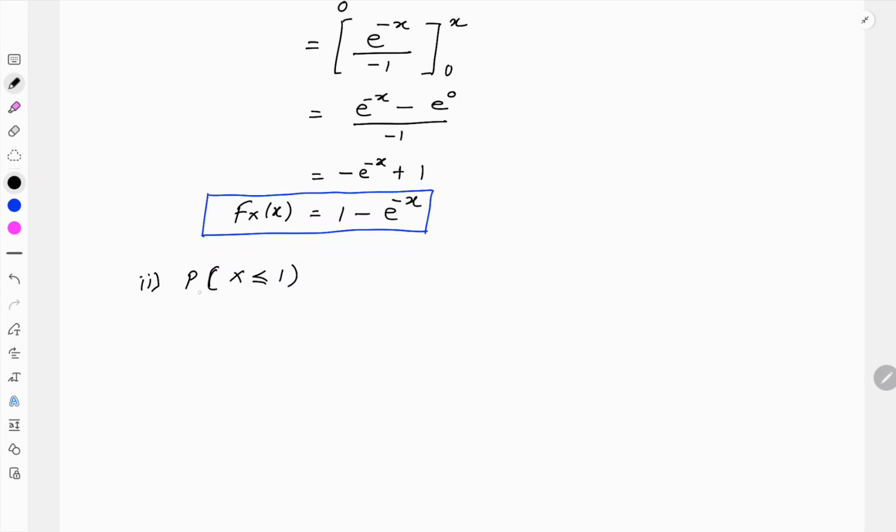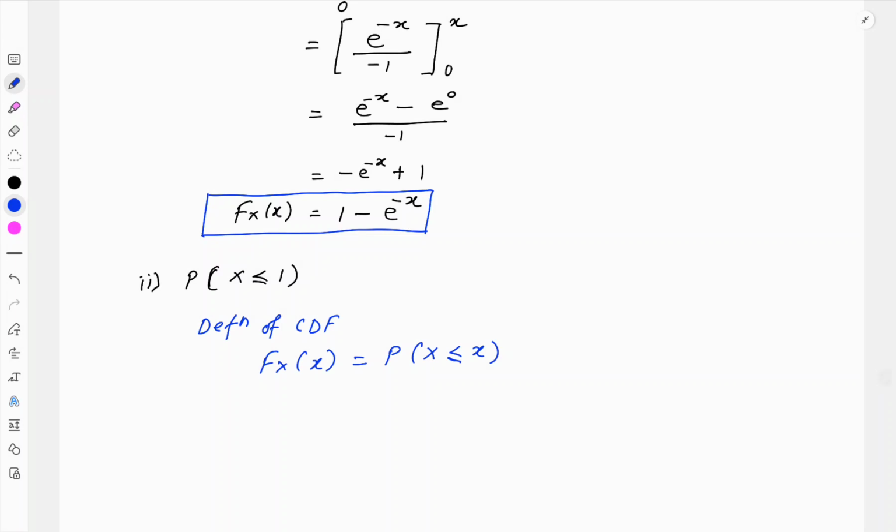To find out P of X less than 1, we have the definition of CDF. It states that Fx of x is equal to the probability of random variable X less than or equal to small x. Using this formula, we can find the probability of the random variable less than or equal to 1.